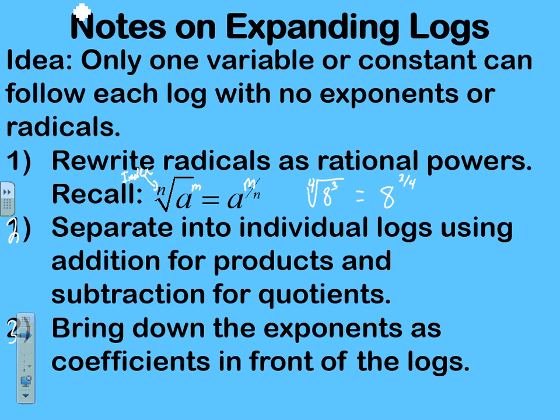Now, the one thing I will mention specifically: if I say the square root of some number, the index number on a square root, we don't write it because square roots are the most common type of radical we work with. It's just written as the square root of x.